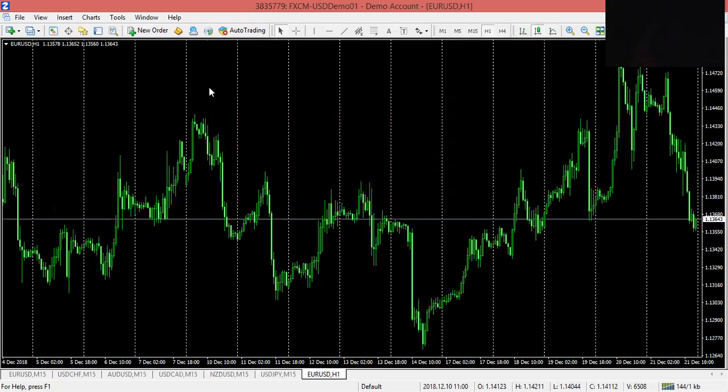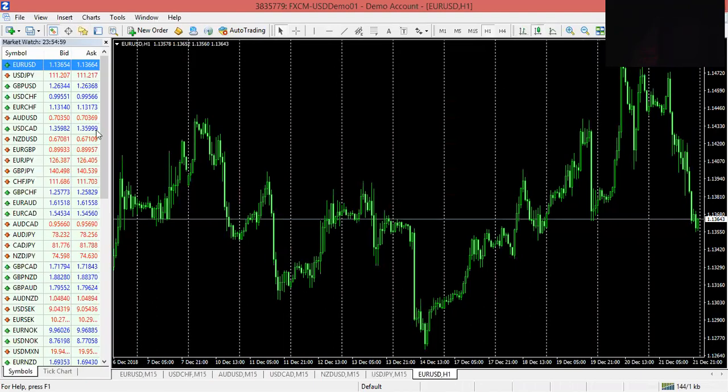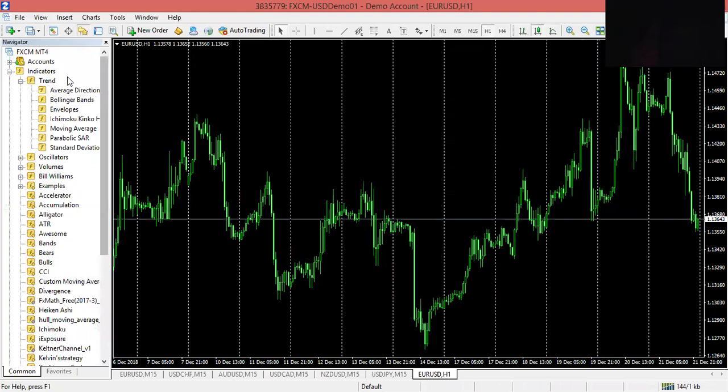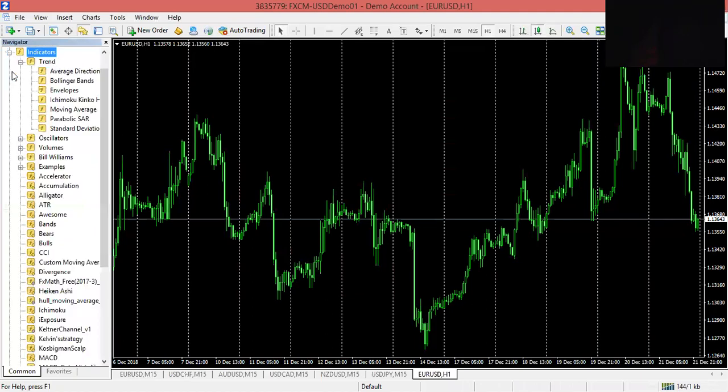Now let me quickly explain the indicators. The first indicator we'll be looking at is the moving average. Under your indicators, you can see trend. Under trend, you will have moving average.